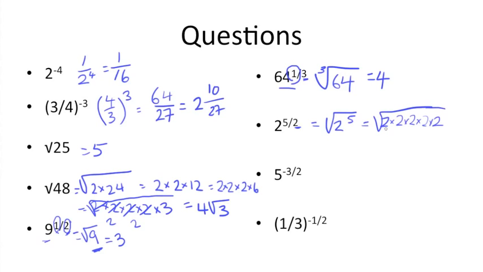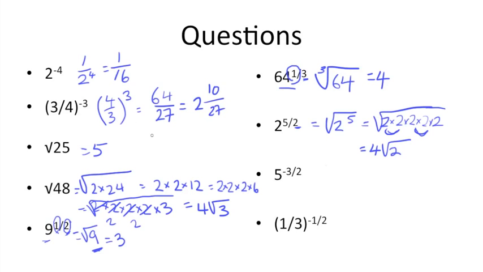Now we can hunt down pairs because this is a square root, so we have one pair of 2's here and another pair of 2's here, which means we can bring 2 times 2 to the outside, and we're left with 2 underneath the root. So we get an answer of 4 square root of 2.